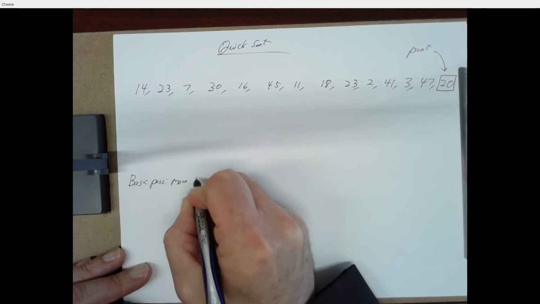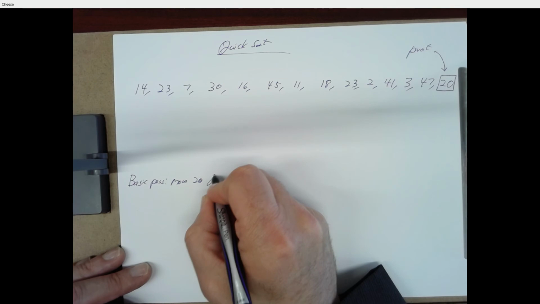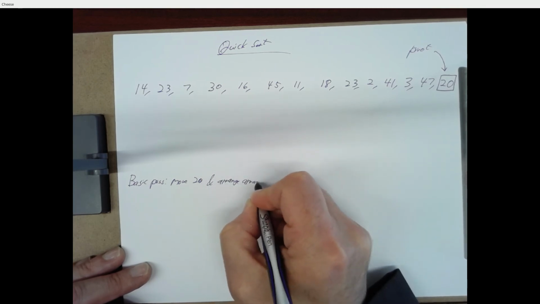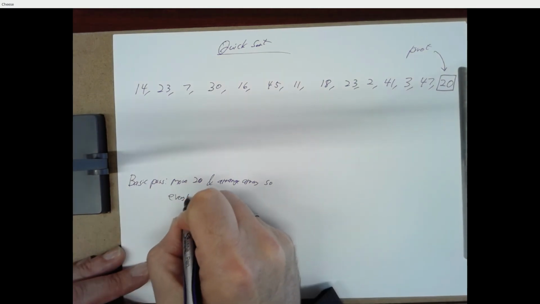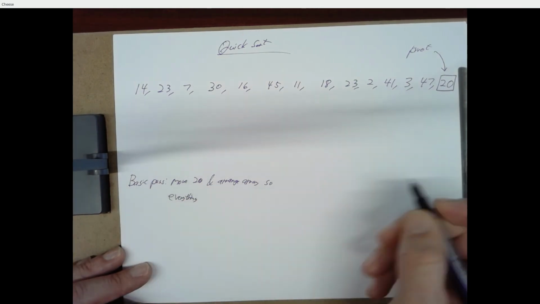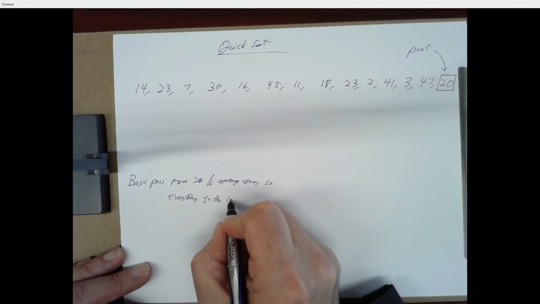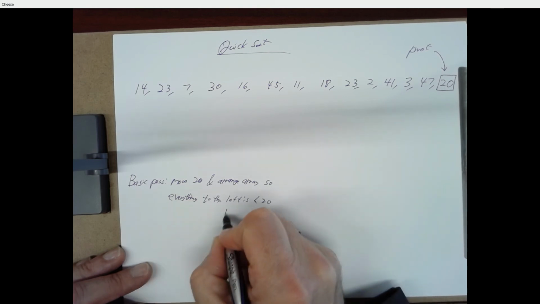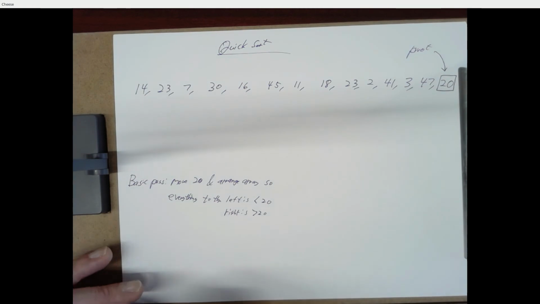This is like the game War with cards. Just like a quick look at the cards and then decide. So move the 20 and arrange the array so everything to the left is less than 20 and everything to the right is bigger than 20.